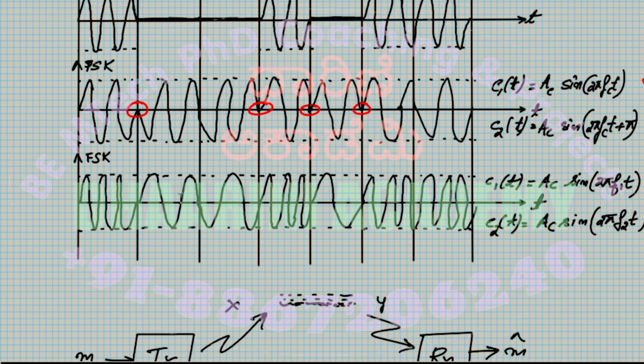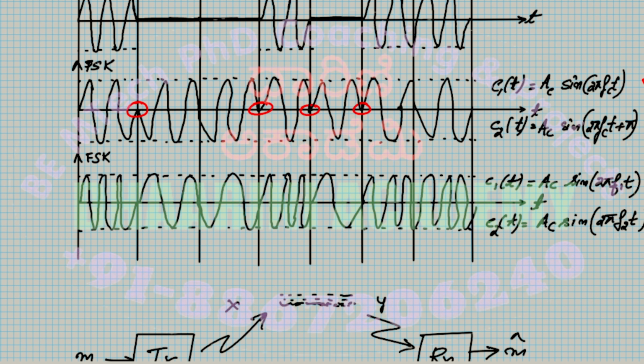Then we have FSK. FSK means phase should change according to the... not phase, sorry, frequency should change. Sorry, I correct: frequency should change according to the message signal. All right. So we see that in the message signal there are two messages, so I need two frequencies, right? So we take two values, F1 and F2.